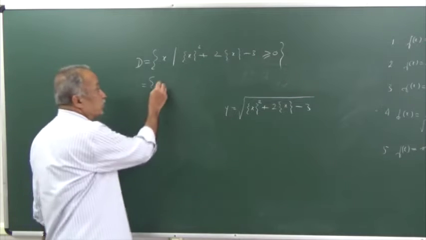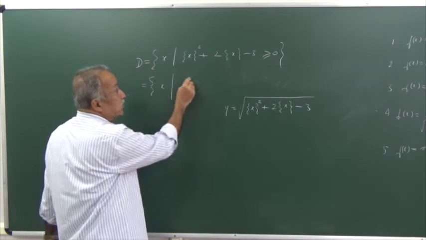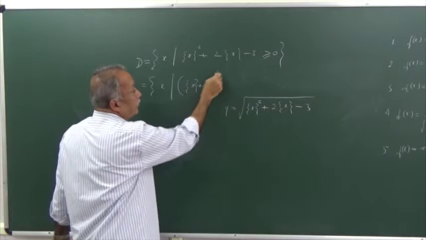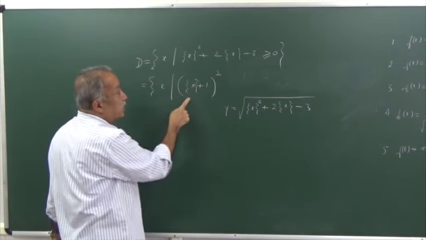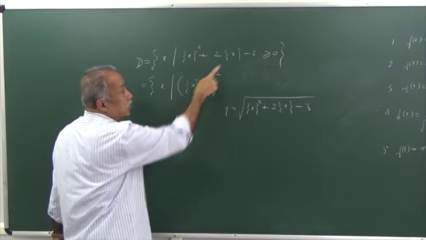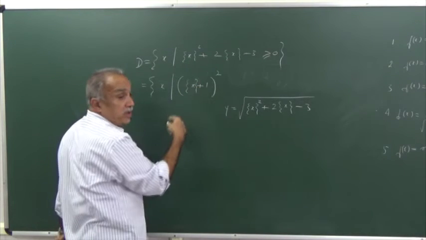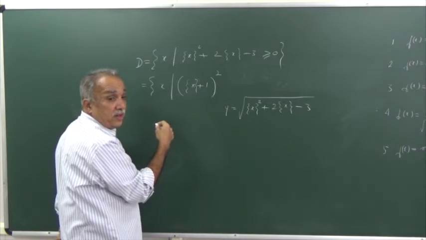An alternate approach may be the method of completing squares. Expansion gives me this term. As third term I will be getting plus 1, my requirement minus 3, so I must subtract 4.